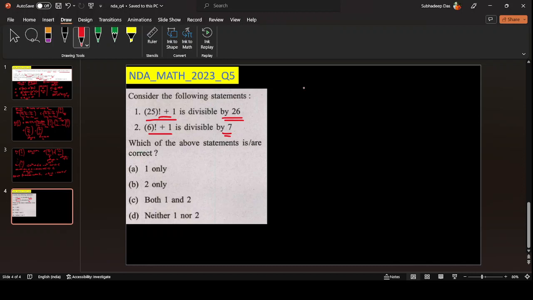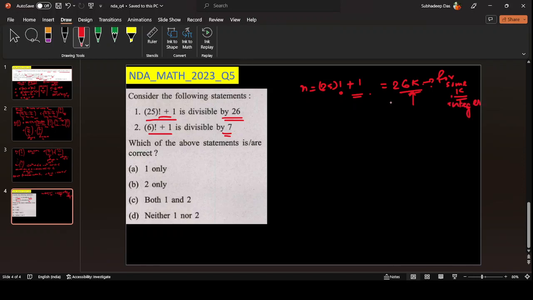Okay, first we take the number, suppose n equals factorial 25 plus 1, whether it is divisible by 26 or not. If we are able to write this as 26 into k for some k, then we can say that yes, it is divisible by 26 because we get a factor 26 here. Obviously k needs to be an integer.